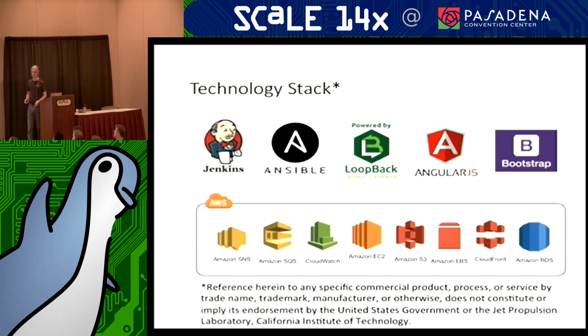We use Ansible to deploy and configure our Linux servers. We use the Loopback Node.js framework to expose a data API on top of our database. And we use AngularJS and Bootstrap to create a dashboard view of the system. And I'll go into a little more detail on how we're using all of these.